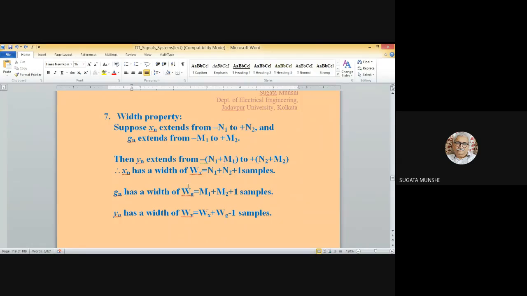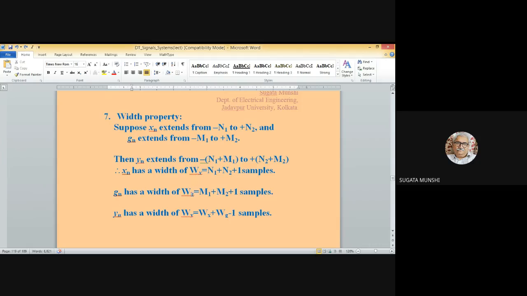It implies that the sequence x[n] has a width of Wx equal to n1 plus n2 plus 1 number of samples. g[n] extends from minus M1 to plus M2, so g[n] has a width of M1 plus M2 plus 1 number of samples. y[n] will have a width Wy, which will be the sum of the widths of x[n] and g[n] minus 1.